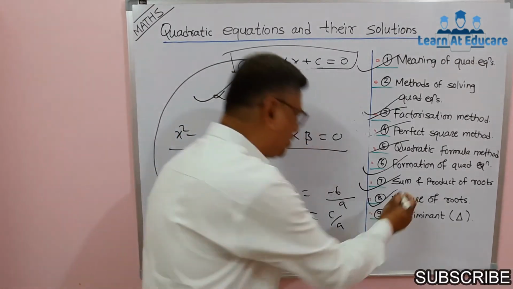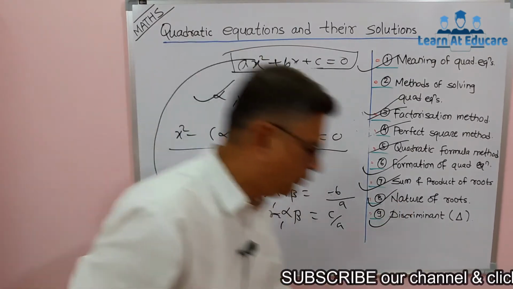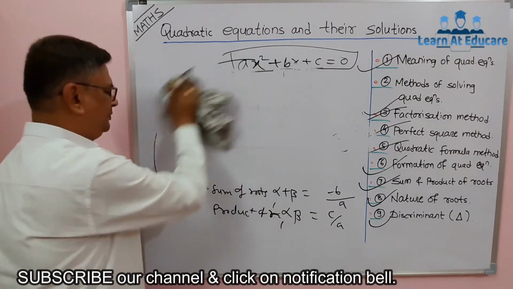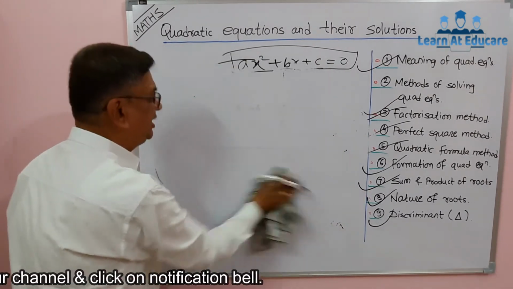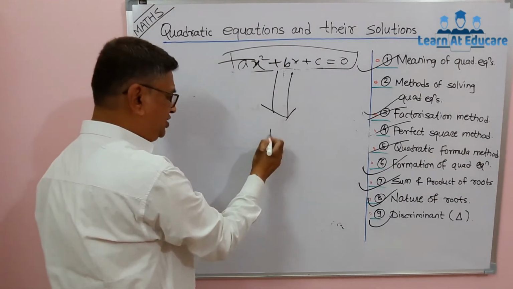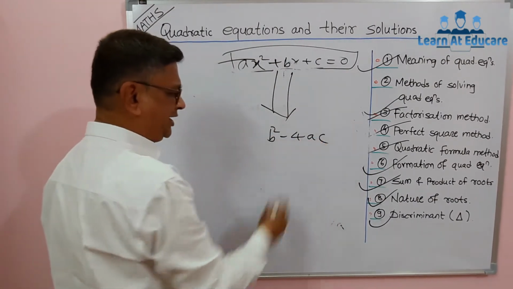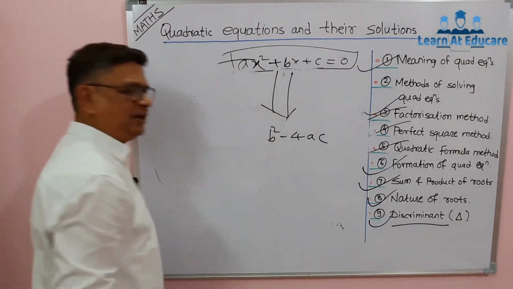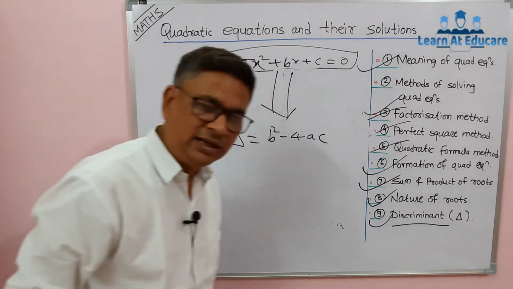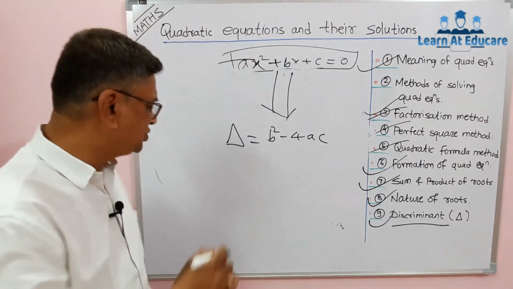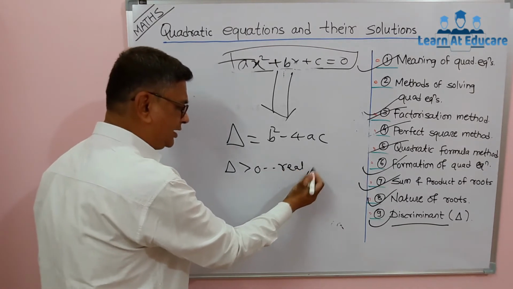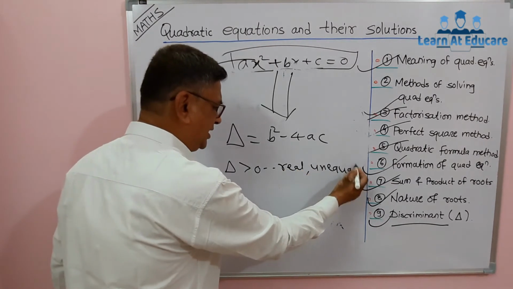Then the next is nature of roots and discriminant. Now which term is called the discriminant here? For the given quadratic equation ax² + bx + c = 0, this b² − 4ac is called the discriminant, denoted by delta. And remember, this value of delta decides the nature of roots. If the discriminant is greater than 0, then roots are real and distinct, that means unequal.